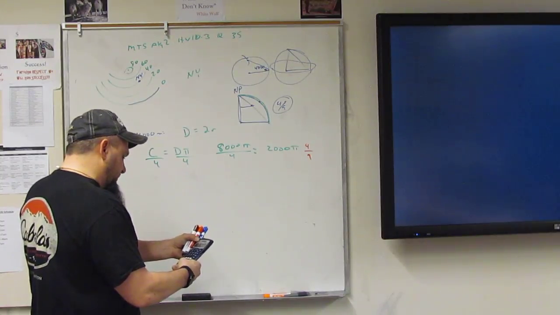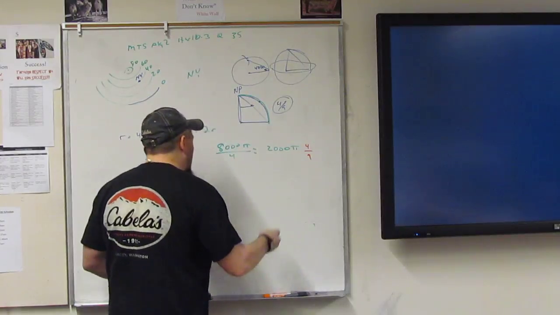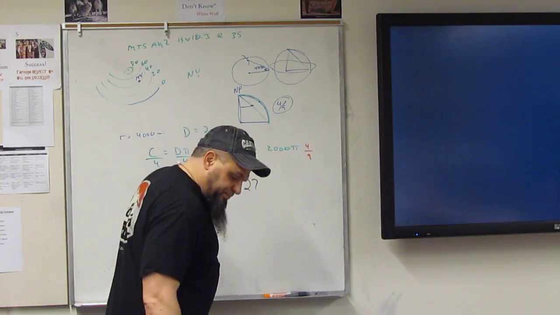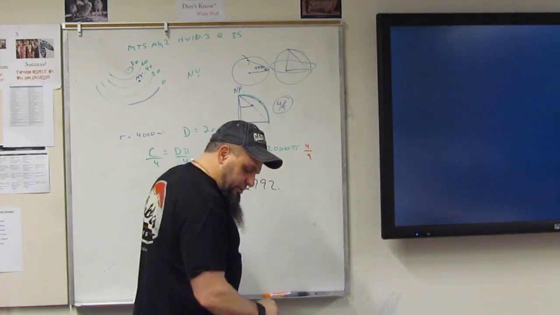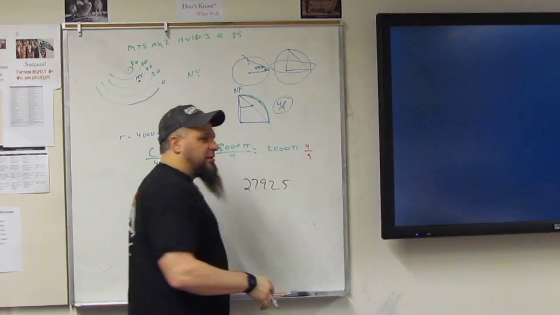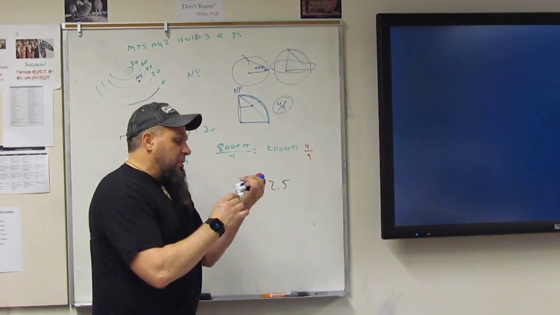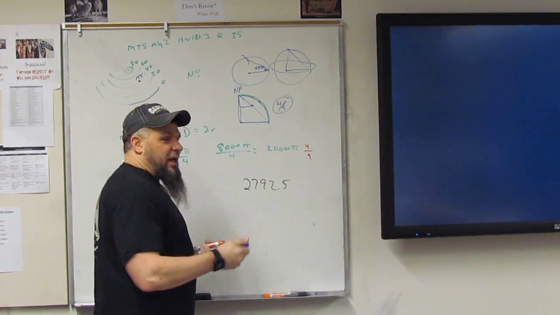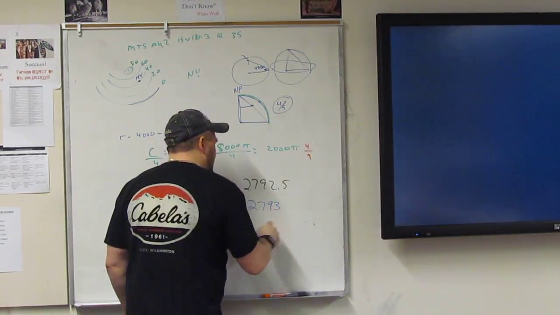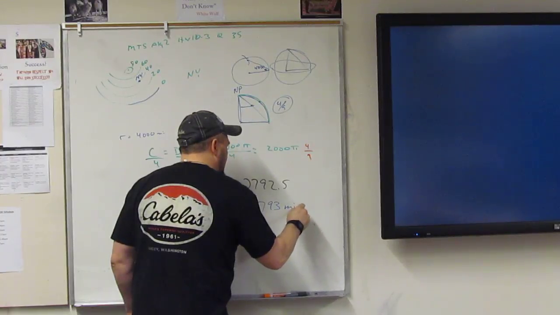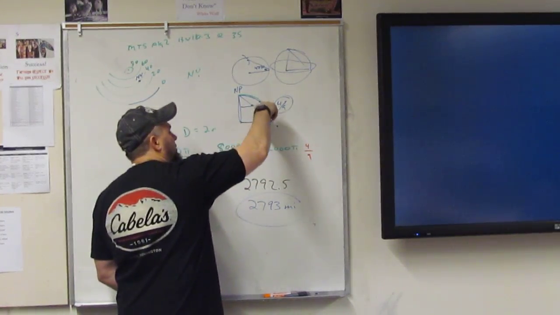That should work, right? Yeah. Alright, so then that's 2792.5, but they did it in closest mile, so that would be 2,793 miles to go from New York to the equator.